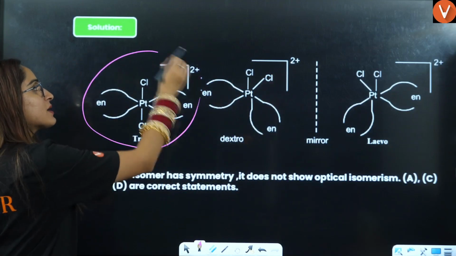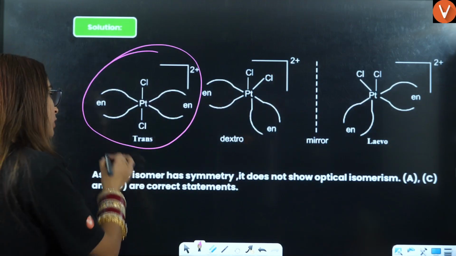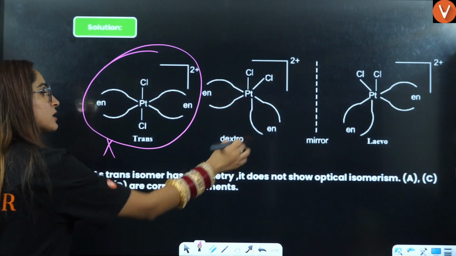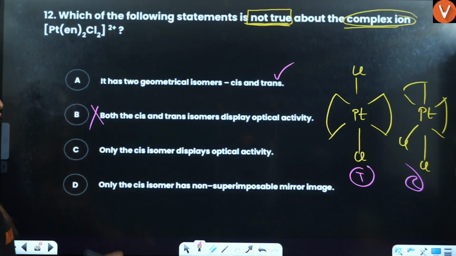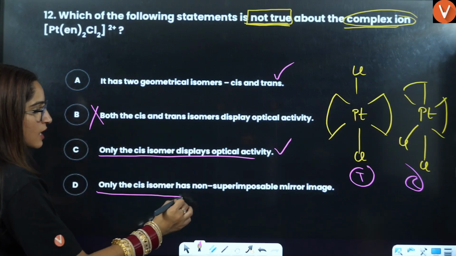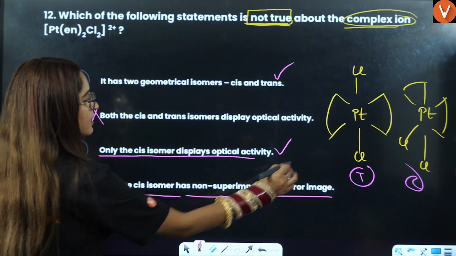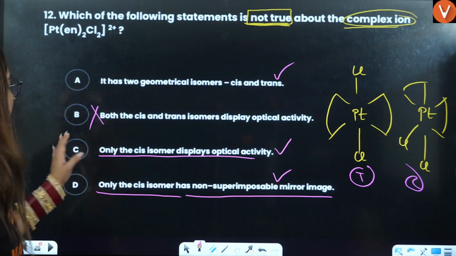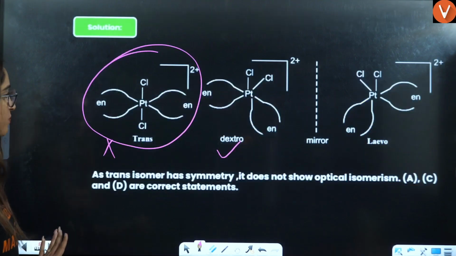In the trans case, the mirror image is superimposable, so it will not show any optical activity. Only the cis isomer has a non-superimposable mirror image. That is also true. So the incorrect option is B.